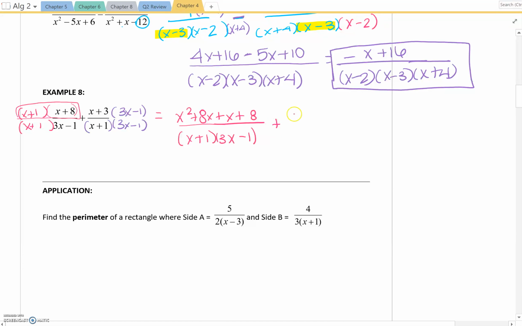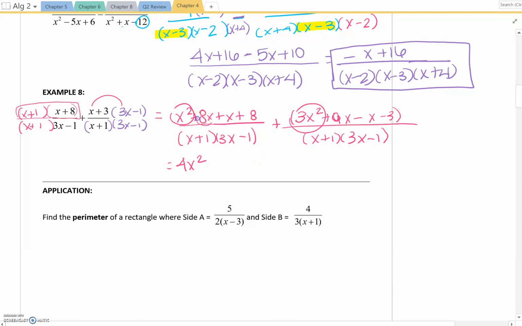Plus, this would become 3x squared plus 9x minus x minus 3 over x plus 1 times 3x minus 1. Okay, let's go in here and combine some like terms. I have 3x squared and an x squared, so that's 4x squared.